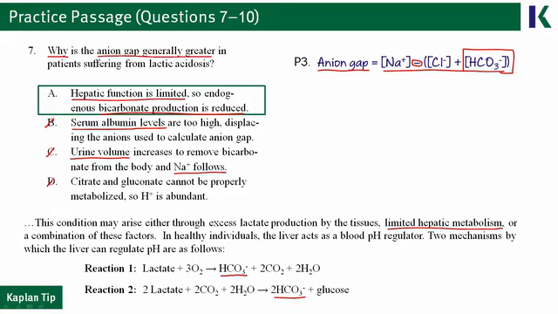And choice D is kind of similar to choice B in that it is a faulty use of detail. Citrate and gluconate are mentioned in the part of the passage connected to mechanism 1, that their levels of metabolism are a way that the liver regulates blood pH, but there's no connection made from that to lactic acidosis necessarily. Remember, the mechanisms were about normal liver function, not about liver function under lactic acidosis.